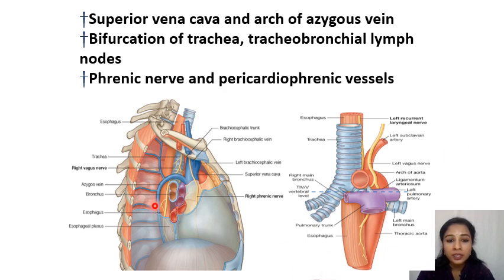We can see here the arch of azygous vein, and the superior vena cava terminating into the right atrium of the heart. Then the bifurcation of the trachea, tracheobronchial lymph nodes, and the pericardiophrenic vessels and phrenic nerve.